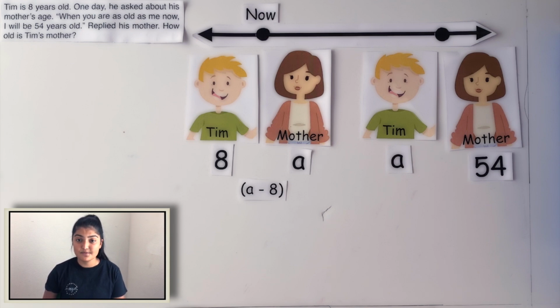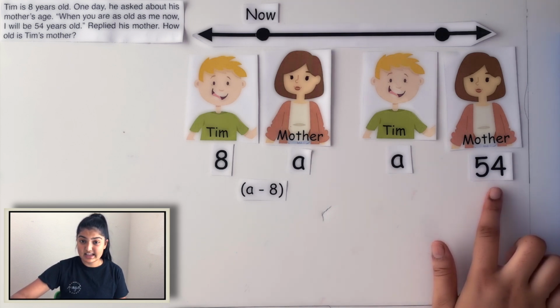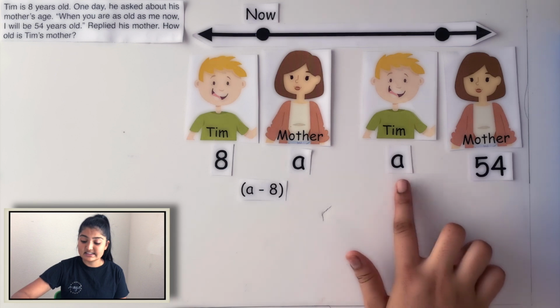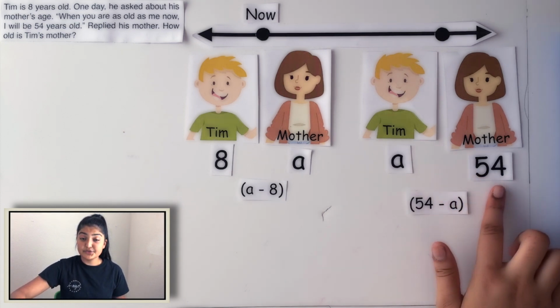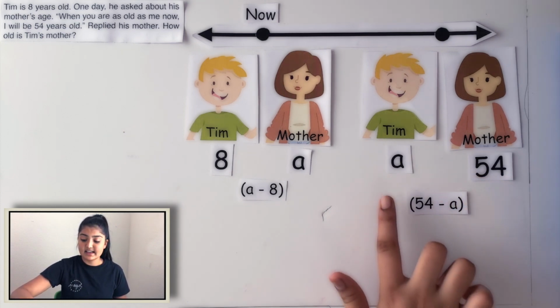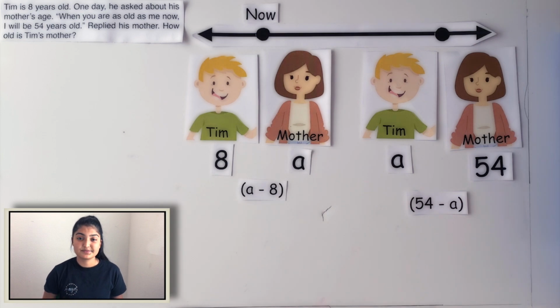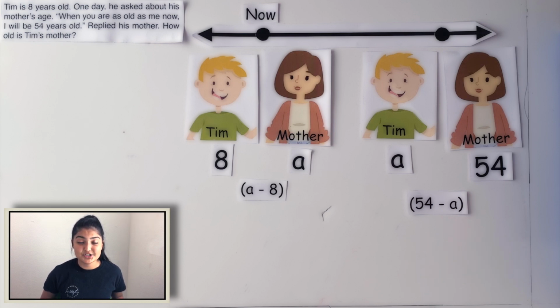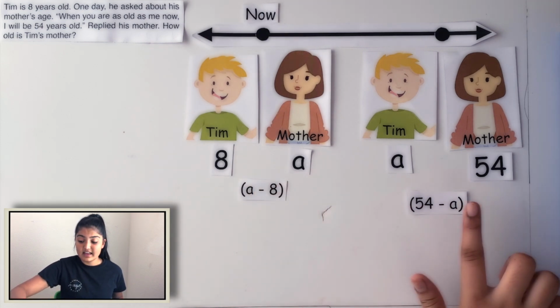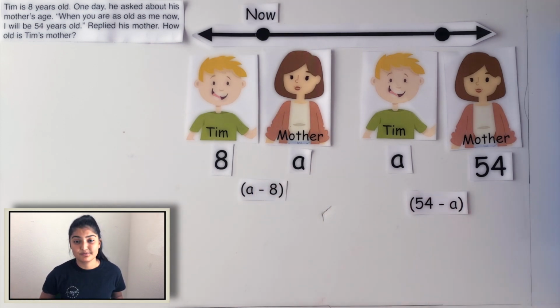Just like before, we can do his mother's age minus Tim's age, which gives us 54 minus A. So now we know the difference between Tim's age and his mother's age now and sometime later.